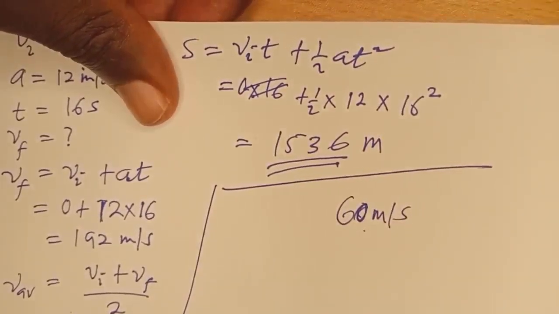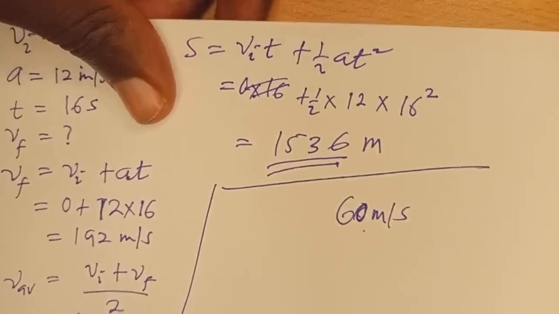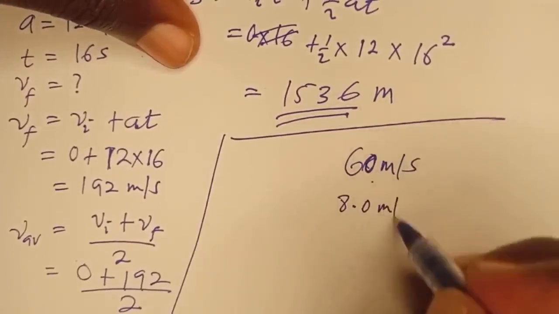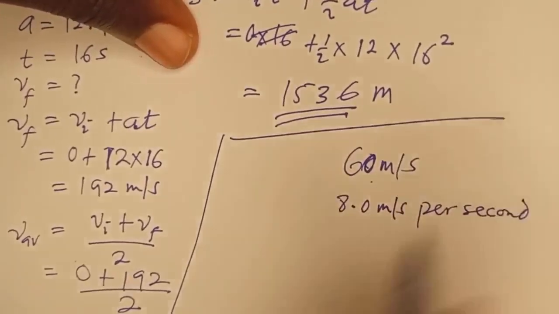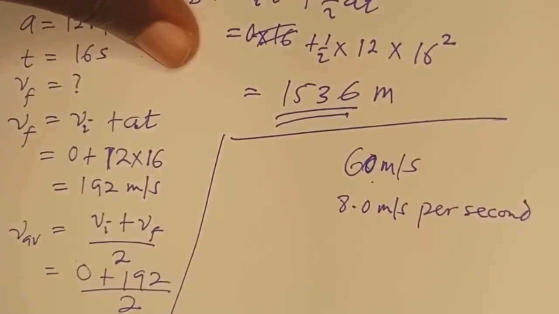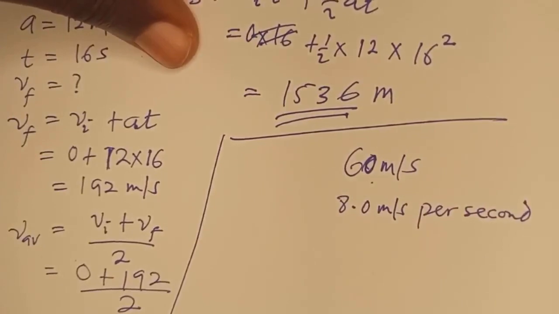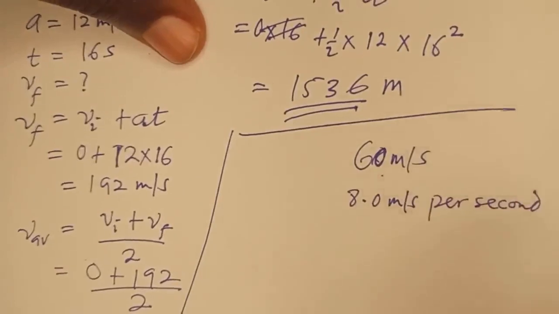The driver applies the brake, and it slows down constantly at a rate of 8.0 meters per second per second. The question here is to find how far it goes before stopping. We don't know the time, but we know that when it stops, its final velocity is 0.